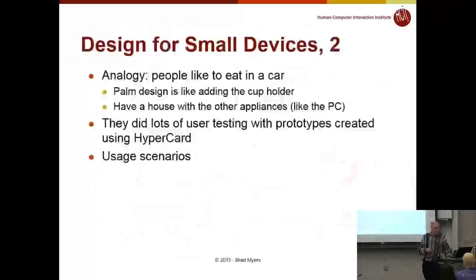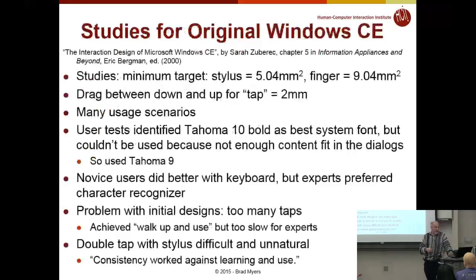Now let's go past that. And they actually wrote about some of this stuff in the original Windows CE designs, which is their first Windows for small devices. CE stands for Compact Edition.